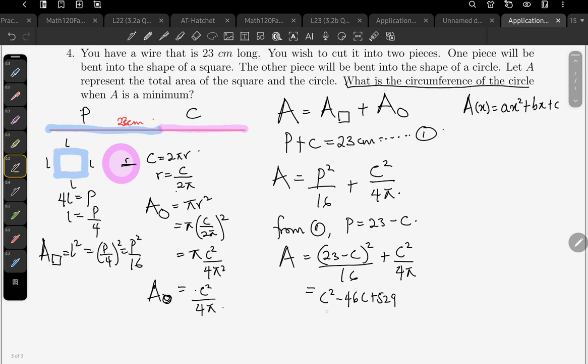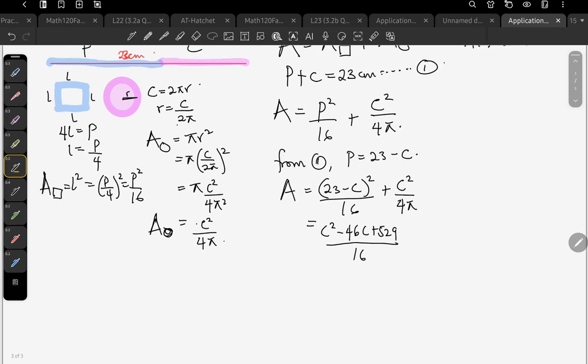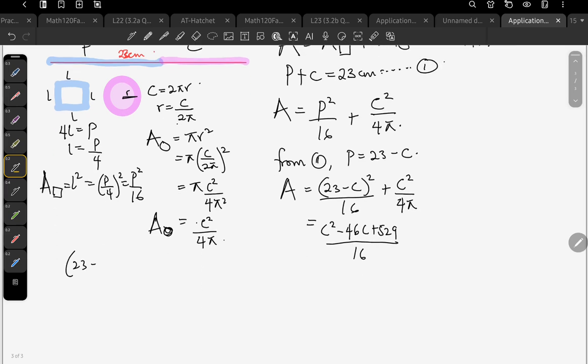You remember I told you how to expand stuff like this in class the other day. You just do 23 minus c times 23 minus c. Use whatever method, you FOIL it out, or you use the grid method, and you get what I have here, plus c squared over 4 pi.